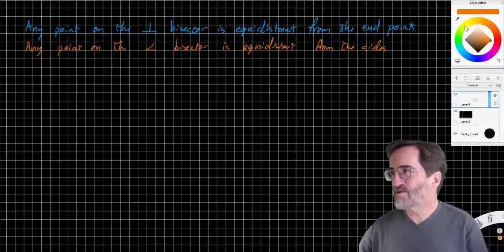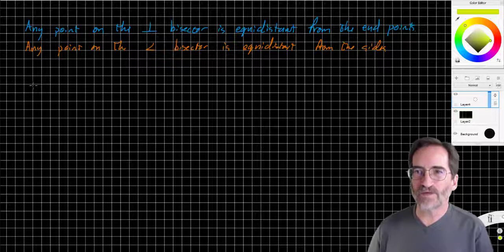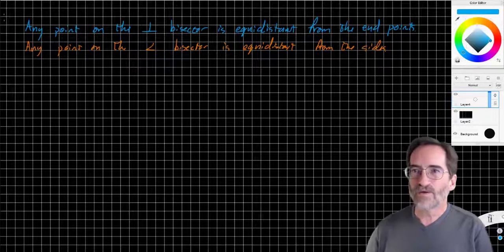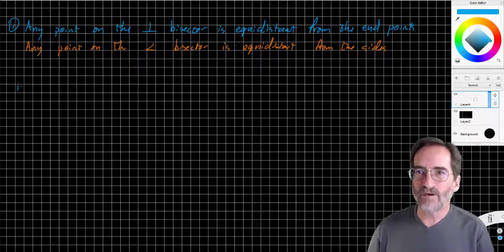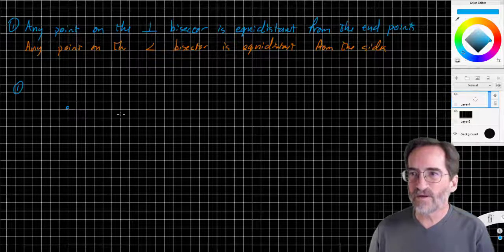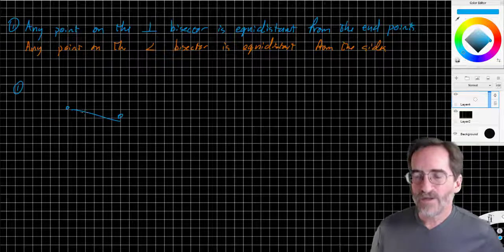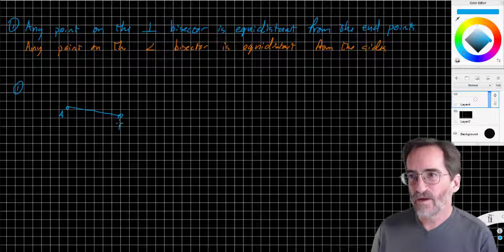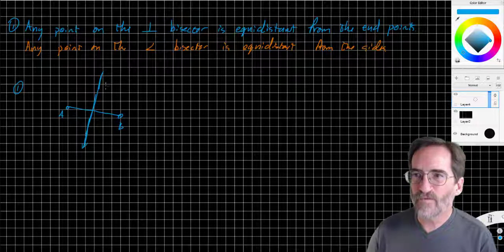And let's demonstrate real quick how that is used in a problem. So let's do it in blue here. Okay, so case 1, perpendicular bisector. You're given a situation where you have 2 points and a line segment drawn between them. And you draw the perpendicular bisector between them.